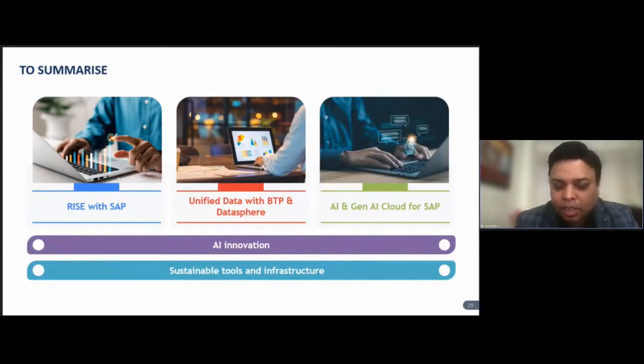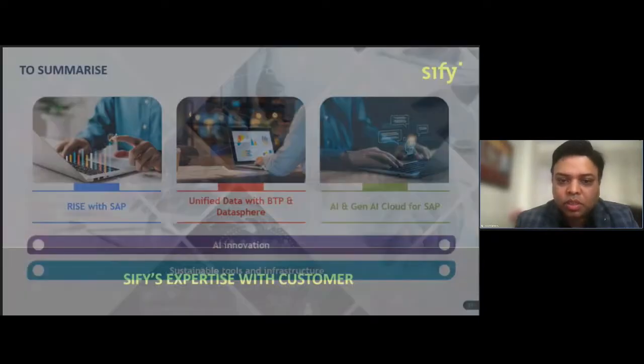And lastly, the flavor of the season is AI, generative AI, and merging it with SAP so that customers can talk to their SAP systems in simple English through plain instructions rather than depending upon complicated reports to make sense of it. So that is, in summary, Google's value proposition for SAP customers.